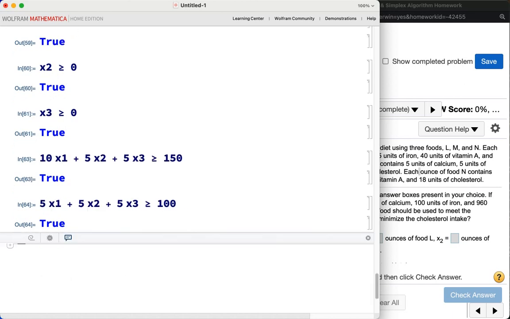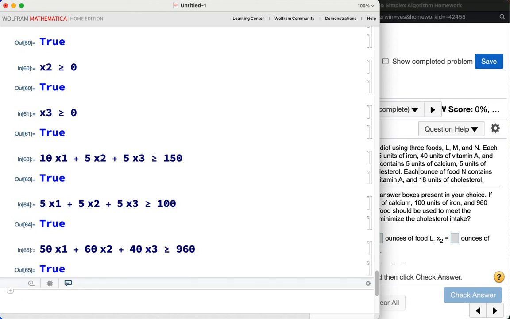That is also true. 40 times x1 plus 60 times x2 plus 40 times x3, is it greater than or equal to 960? That is also true.